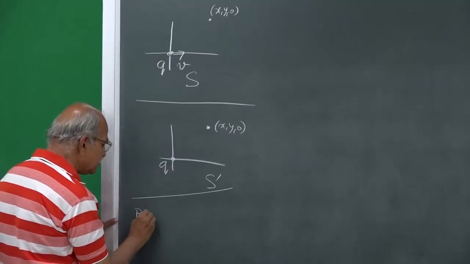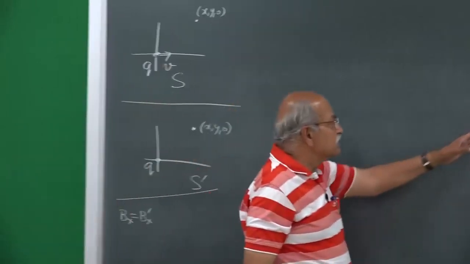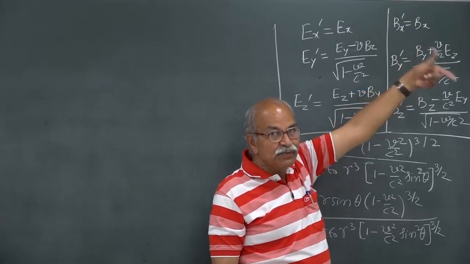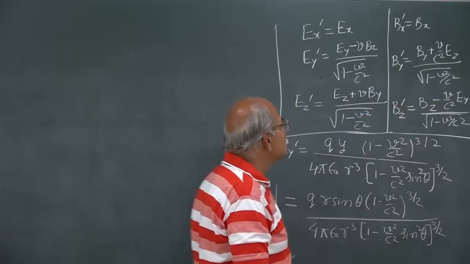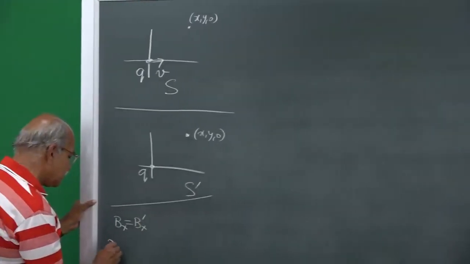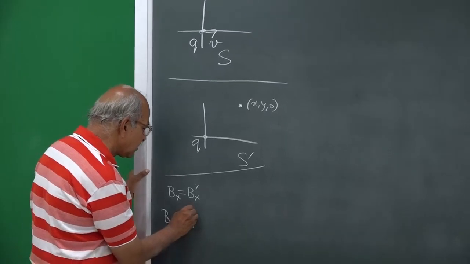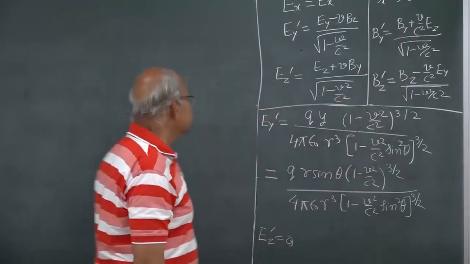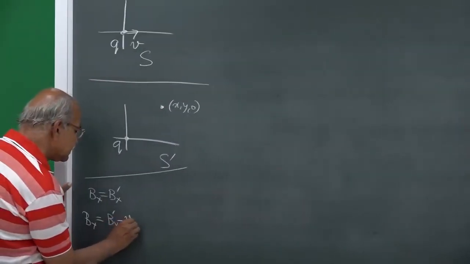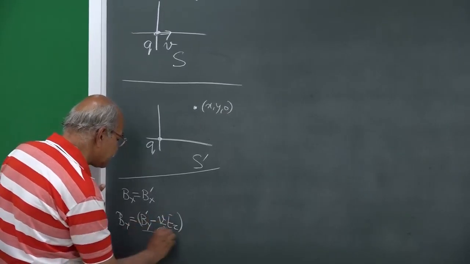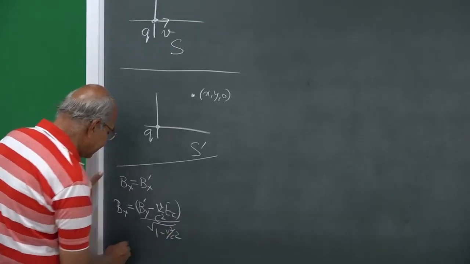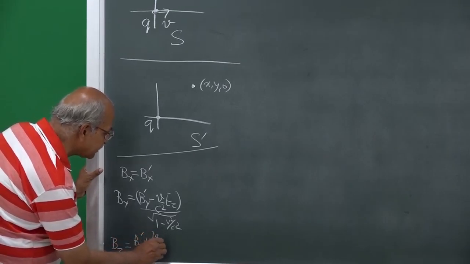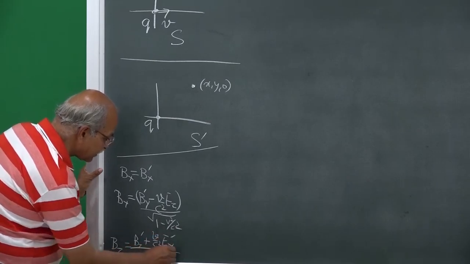So, it will be Bx equal to Bx prime. I am interchanging primed and unprimed symbols, and then V should be replaced by minus V. Here it will be By equal to By prime, and then this V becomes minus V. So, minus V by c square Ez, and this whole thing divided by square root of 1 minus V square by c square, and finally Bz equal to Bz prime plus V by c square Ey prime, divided by square root 1 minus V square by c square.